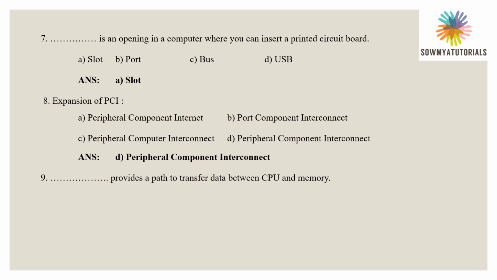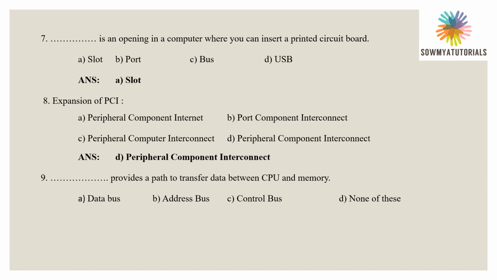Question number 9: dash provides a path to transfer data between CPU and memory. The options are A, data bus; B, address bus; C, control bus; D, none of these. Data bus means what? The data bus provides a path to transfer data between CPU and memory.